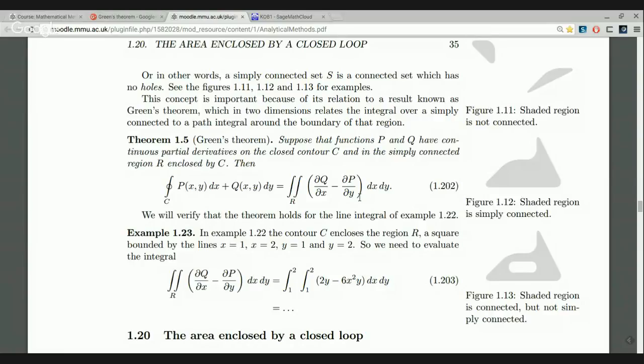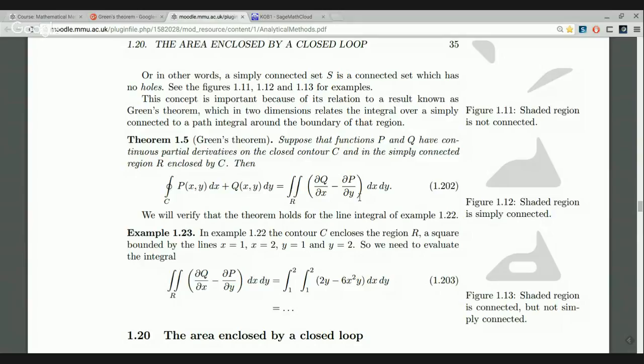Okay, so we want to think of how we might prove this. So, a sketch of the proof of Green's theorem. Now, it's not clear how to go about it because it's very general.